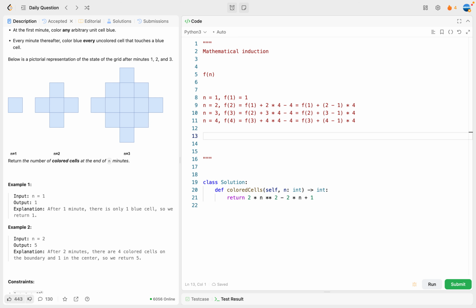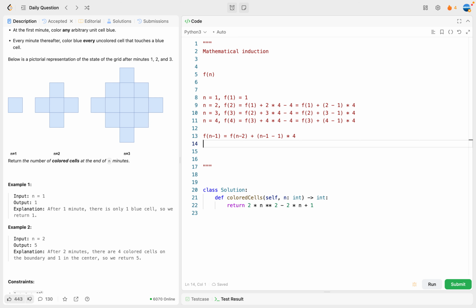If you write it continuously, you get f(n-1) equals f(n-2) plus (n-1)-1 times 4. Then you continue, fn equals f(n-1) plus (n-1) times 4. Now let's look at this. I'm going to delete this part so that I can align all of them.